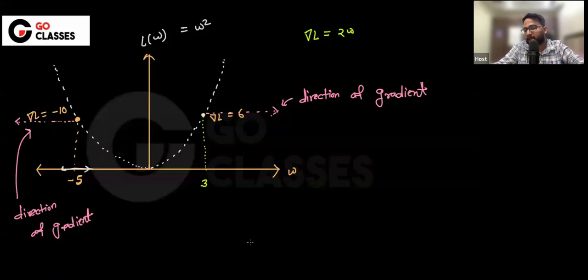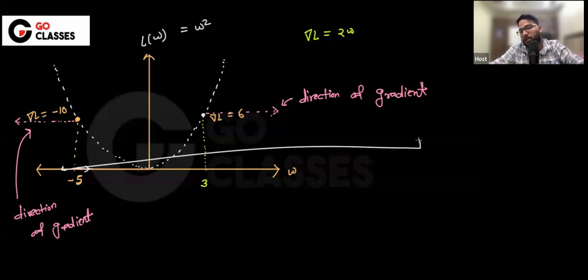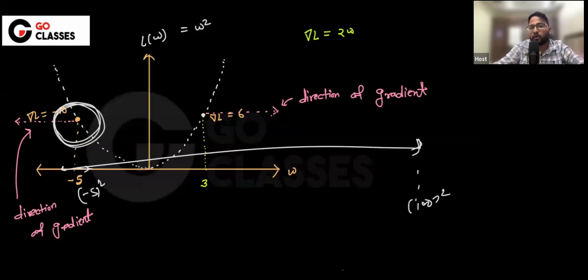If I go too far, it is 100 square, but here it is just -5 square, which is just 25, while 100 square is a too high value. So it is increasing even in the opposite direction of the gradient. If you go in the opposite direction of the gradient, it should be decreasing, and that is true only when you're talking in the local sense, about the neighborhood. Is this fine? Cool.